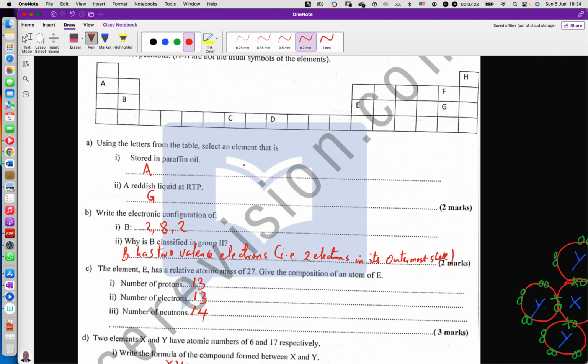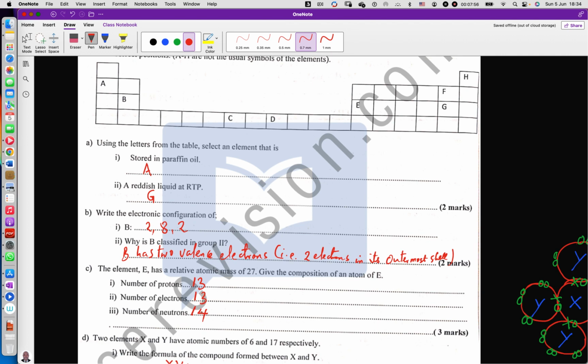C. The element E has a relative atomic mass of 27. Give the composition of an element E. From 27, the proton number is 13, the number of electrons is 13, and the number of neutrons is 14.